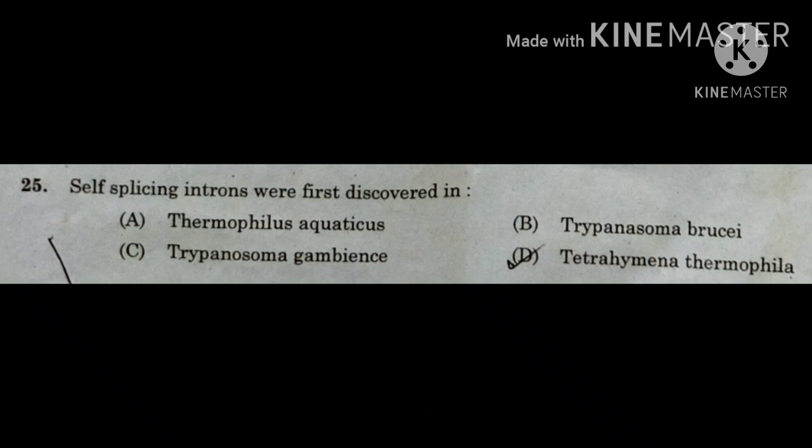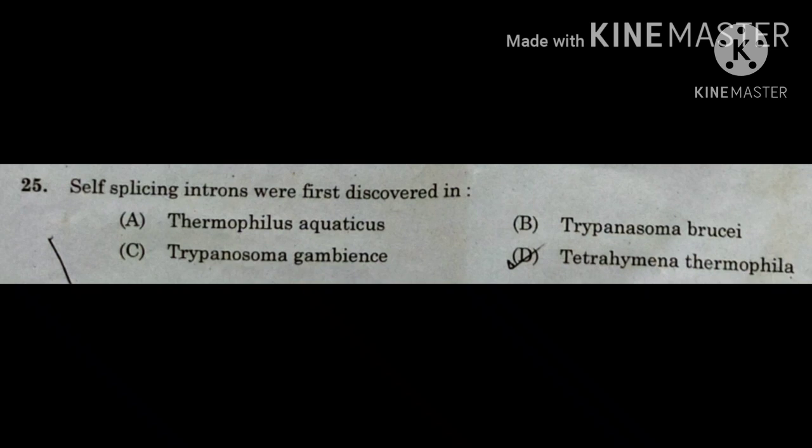It is known as heterogeneous nuclear RNA. It is the first product of transcription, the primary product of transcription. Hence, that heterogeneous nuclear RNA is also known as what? Primary transcript. And that heterogeneous nuclear RNA or primary transcript contains both coding sequences as well as non-coding sequences. And the coding sequences are called exons and non-coding sequences are called introns.